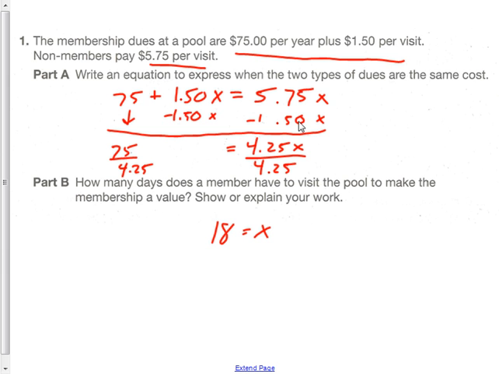So it's cheaper if I go 17 times to just be a non-member. However, if I go 18 times, then it's cheaper as a member. So you've got to figure out, are you going to go 18 times or more? And if so, then you should become a member. Otherwise, you should just be a non-member and pay each time you go.